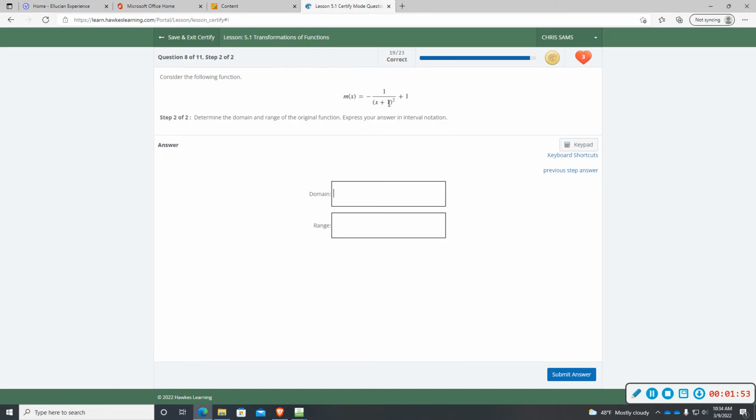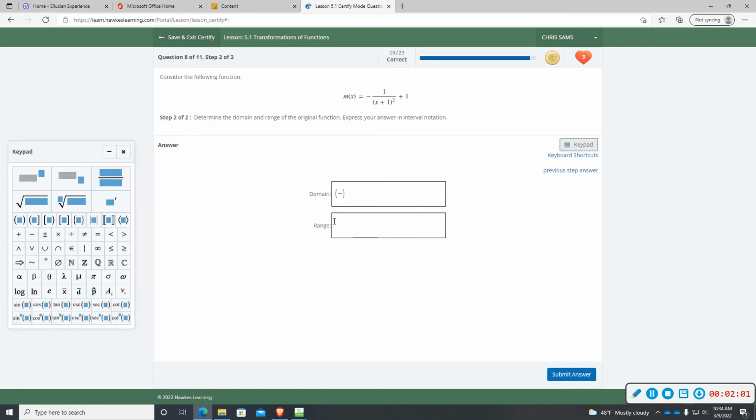So because of the plus 1, our domain, which was negative infinity to 0, let me just put the original in there, and then union 0 to infinity.